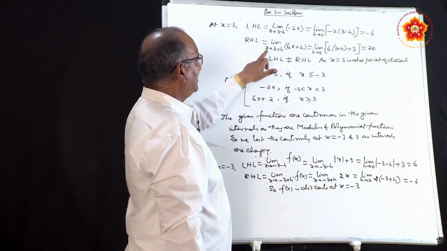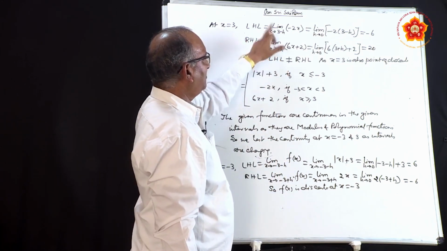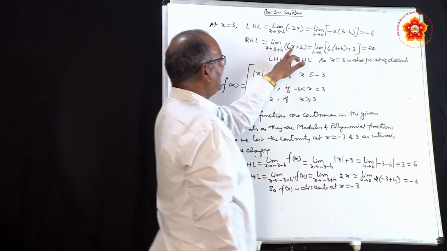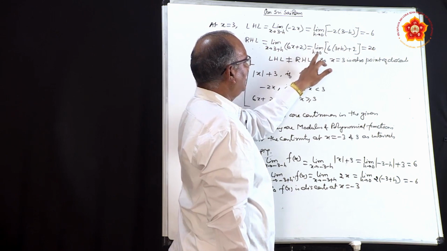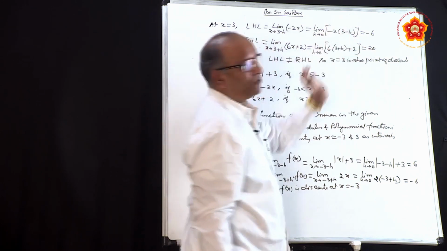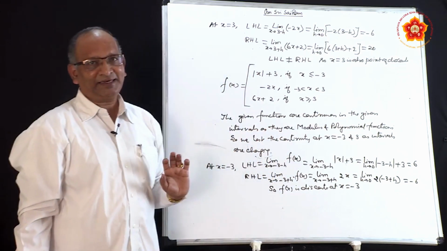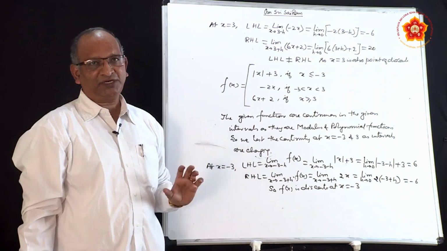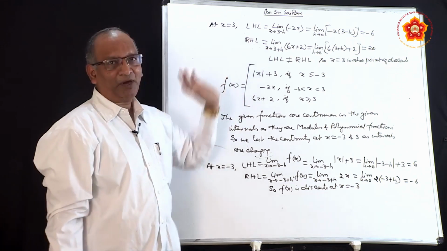Right hand limit, 3 plus h, little more than 3. If it is little more than 3, it is 6x plus 2. In place of x, you write 3 plus h. When you substitute h equal to 0, 6 3s are 18 plus 2, 20. One is minus 6, another is 20. Both are not equal. So we conclude that the function is discontinuous at that point.